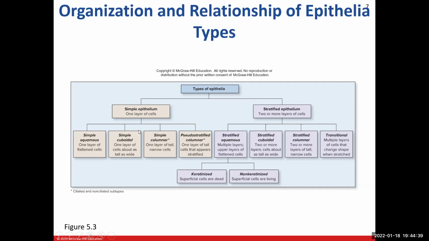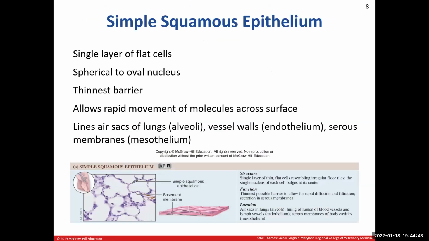And then what I'm going to do now is walk through each individual type of epithelium. So we're going to start off, remember we had simple epithelium and stratified epithelium. Simple was 1 layer thick. Stratified was 2 or more.